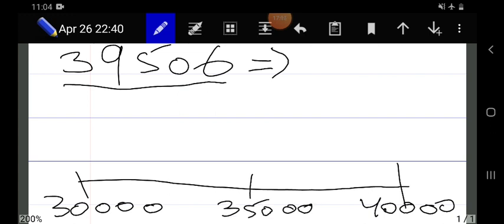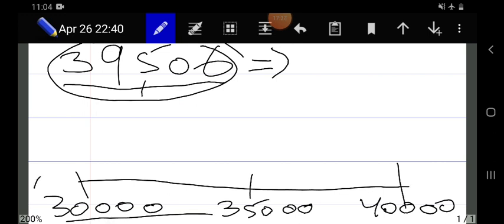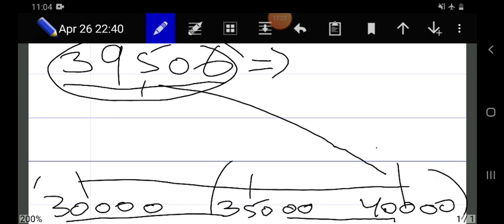According to the question, as you can see, this number lies between 35,000 and 40,000. So we will estimate it to the next number that contains 4 zeros, that is 40,000.